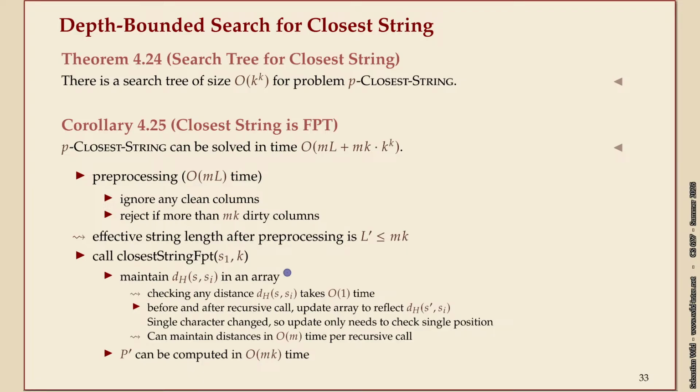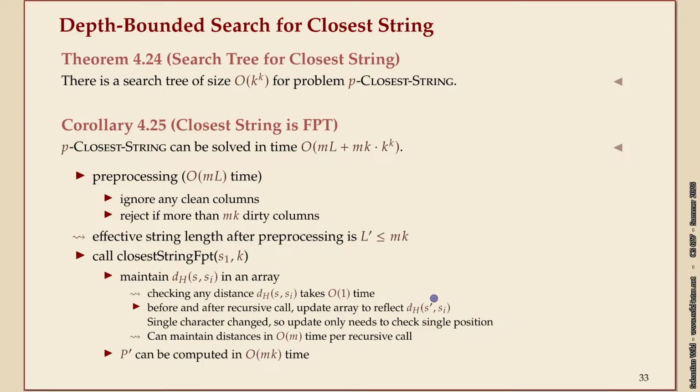And for some of the parts, you can do a bit smarter than just executing the code each time by definition. In particular, you can maintain the Hamming distances between the consensus string and all the strings in the input. Then looking up a Hamming distance is constant time. But whenever you do a recursive call, you have to update the distances.